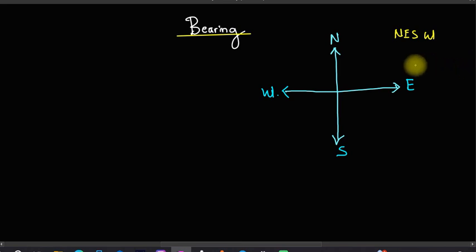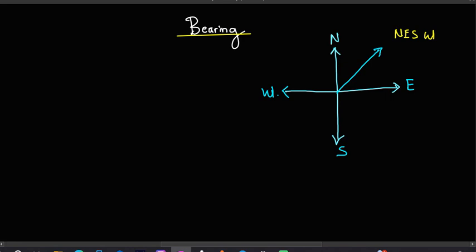Okay, so now that we understand these 4 main directions, you need to note that any direction in between is given as a hybrid of both directions, because it is on both directions at the same time. So it's both north and east here, and any direction between south and west, we call it southwest. Any direction between north and west is going to be northwest, and so on and so forth.